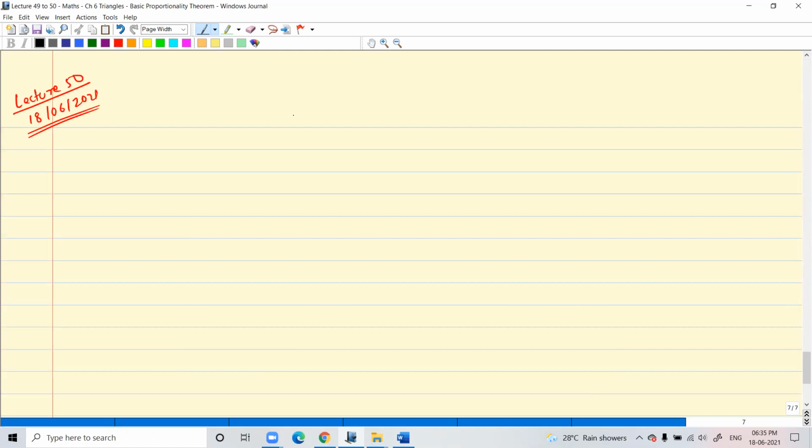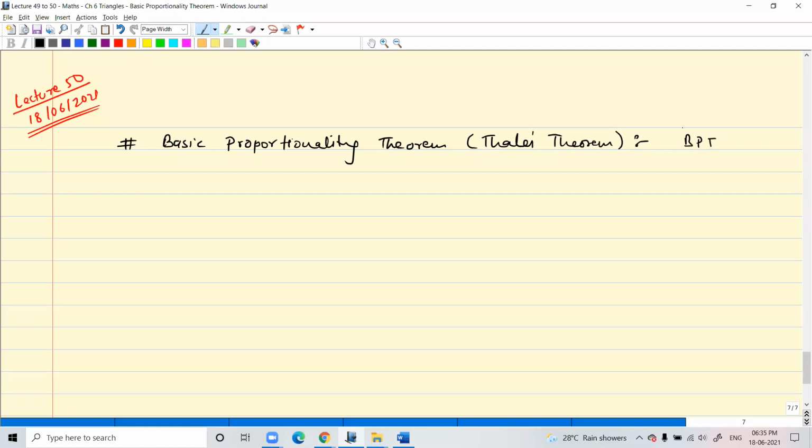So today we are going to start a very, very important topic, the basic proportionality theorem. This is also called Thales theorem. Your teachers may call it BPT in short.